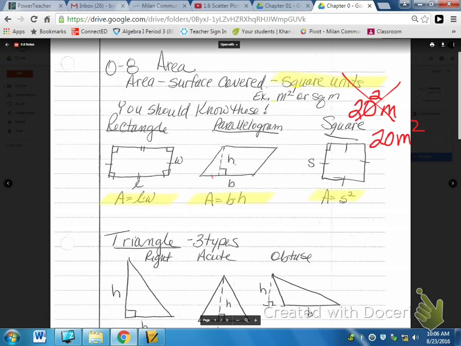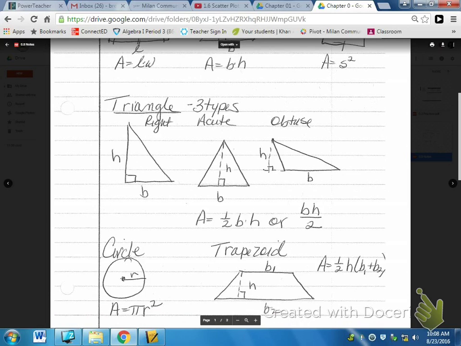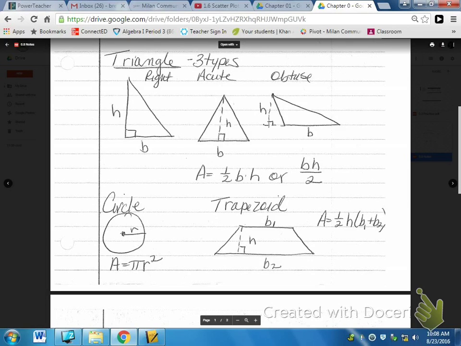Now let me move on to a triangle. Knowing that there are 3 types of triangles, I want to mention each type so that you understand. The formula doesn't change, but the shape changes. The formula for area of a triangle is 1/2 base times height, or a lot of people like to say base times height divided by 2, same thing.